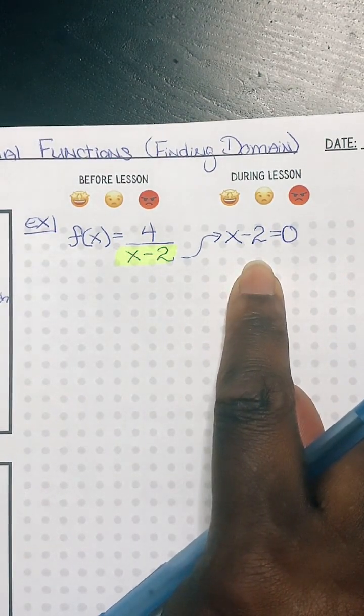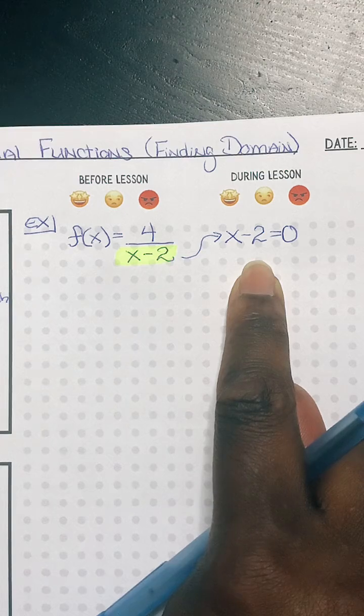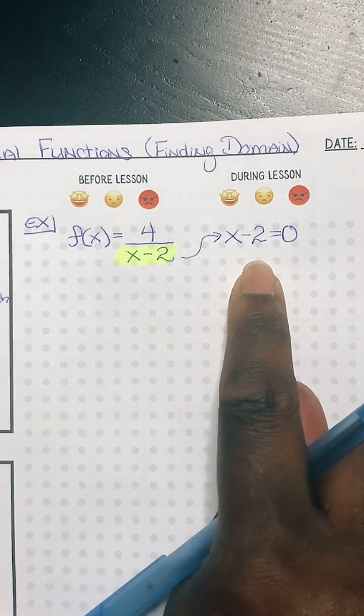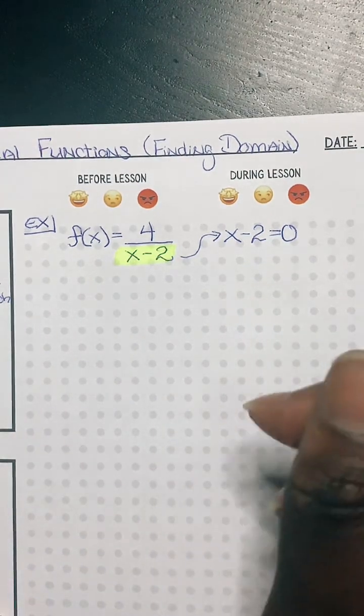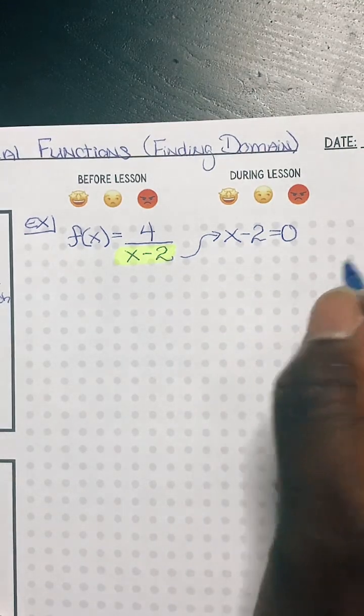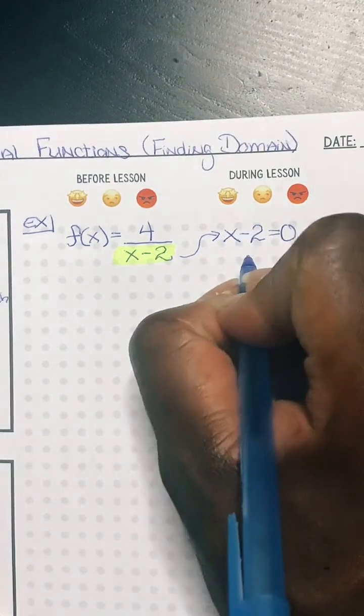Go ahead, put that in the chat. What do I need to do in order to get x by itself? Okay, so I got add 2, add 2, add 2. Yes, you want to add 2 on both sides.